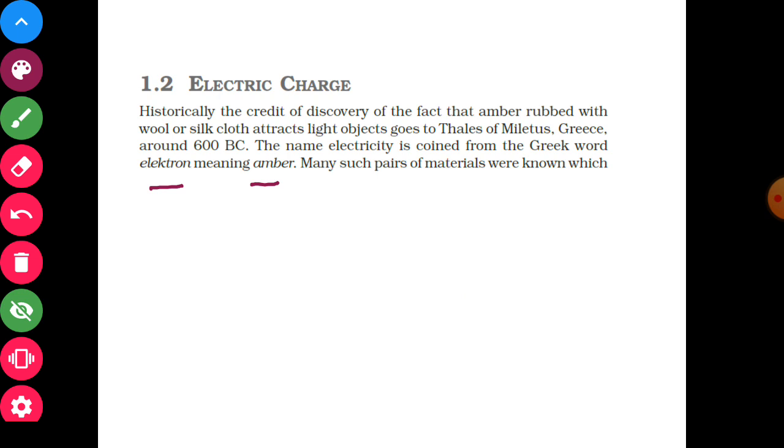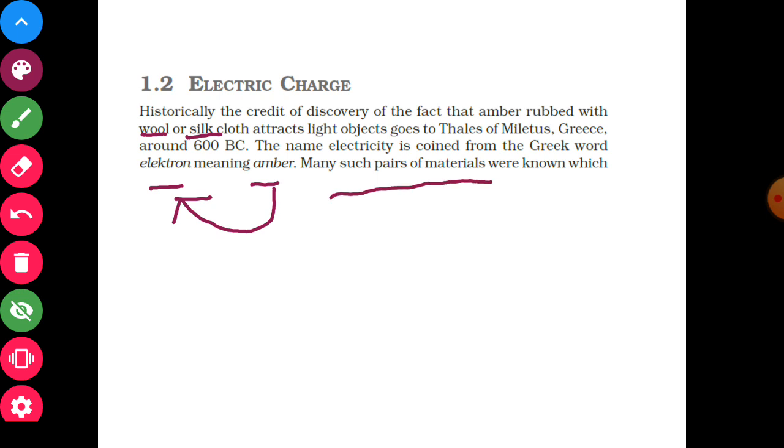So if you rub the amber with wool or silk, then amber has the capacity of attracting light objects, and this amber is known as electron. That is why this term is coined.